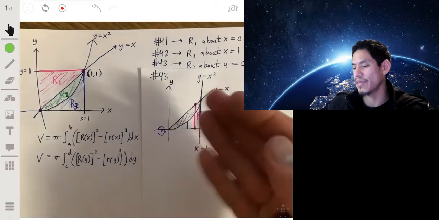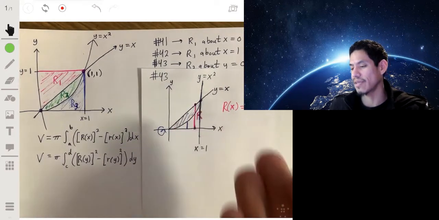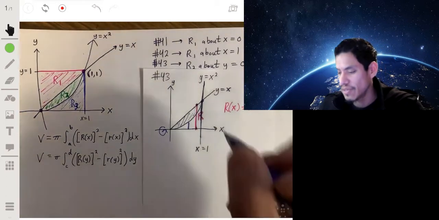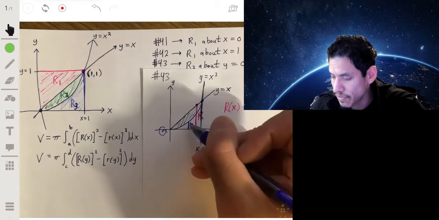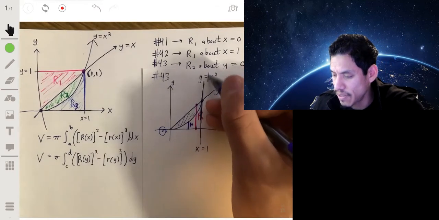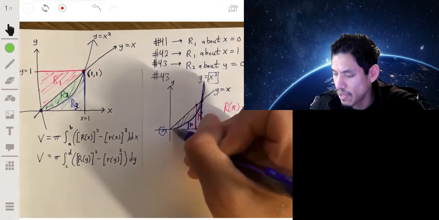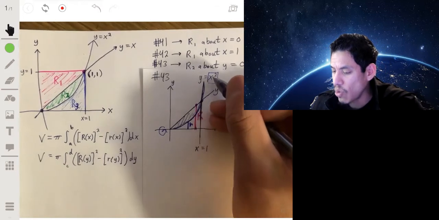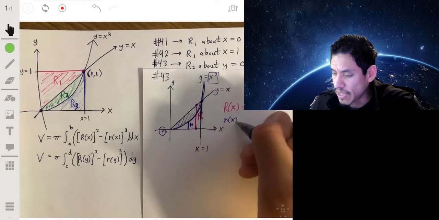So it'd be like a weird cone with an inverted cone taken out of it, I guess. So this will be our small radius from here to here again. And this one, we already have an equation for this line. This is just the parabola where y equals x squared, so little r of x is just equal to x squared.